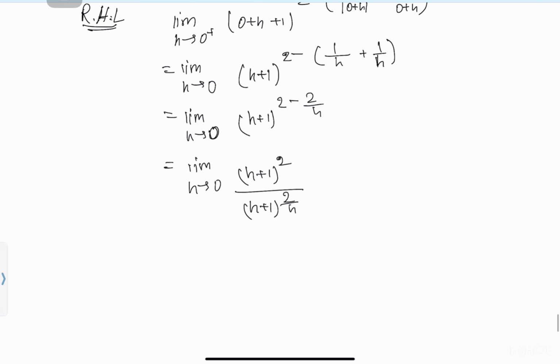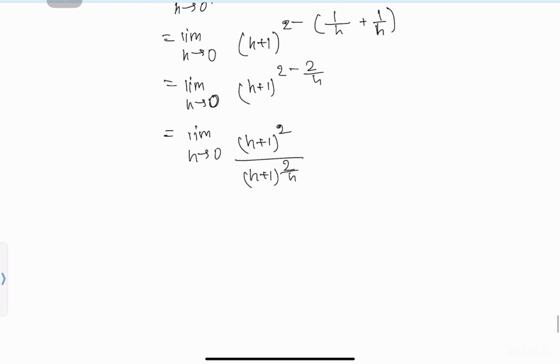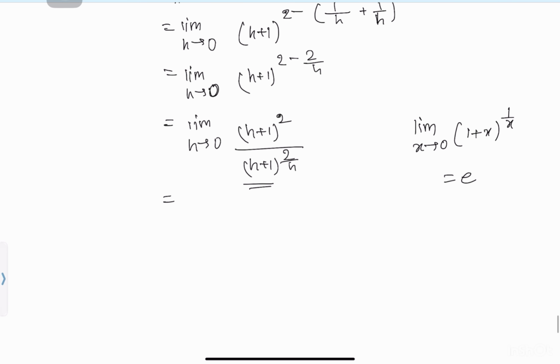Look here, the base becomes 1 if you put h equal to 0, but for this case it becomes 1 to the power infinity form. Whenever x is tending to infinity or 0, in the form (1 plus x) to the power 1 by x, this gives you the value e. So apply that only.